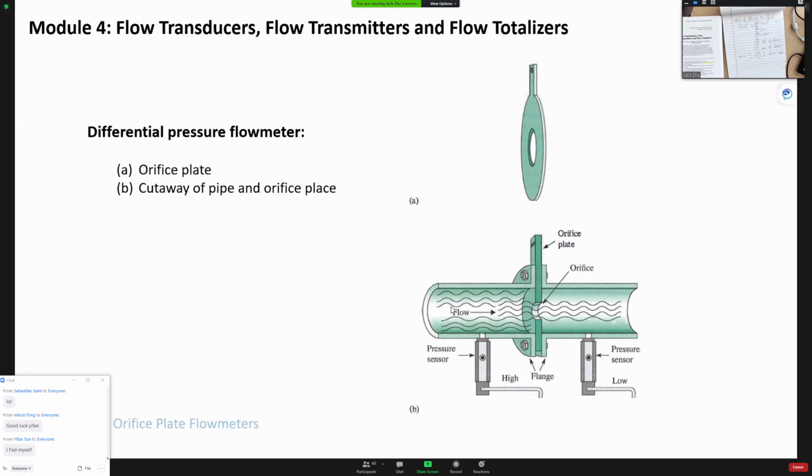When the liquid goes through here, it changes the speed of the liquid, and the change of speed causes a pressure change between the upstream and the downstream. So your upstream will have a high pressure, the downstream will have a low pressure, and the difference between those pressures we can use to calculate the flow rate, like the formula they gave before.